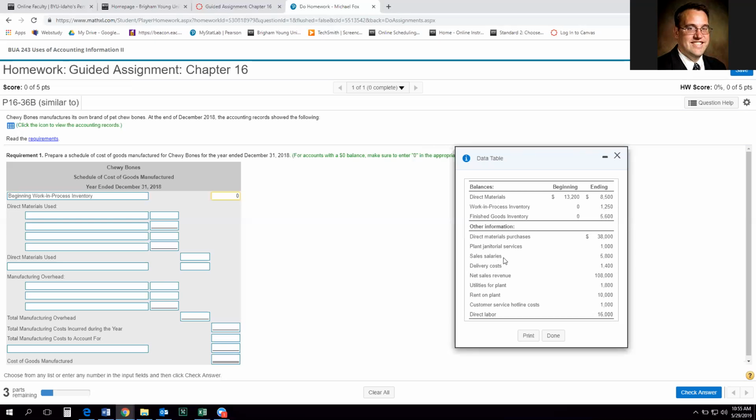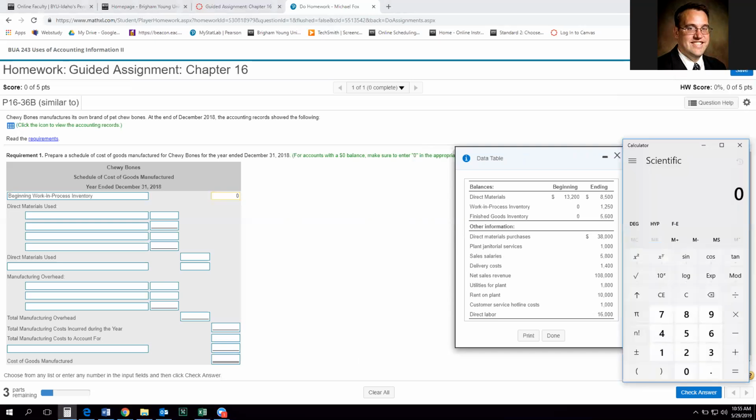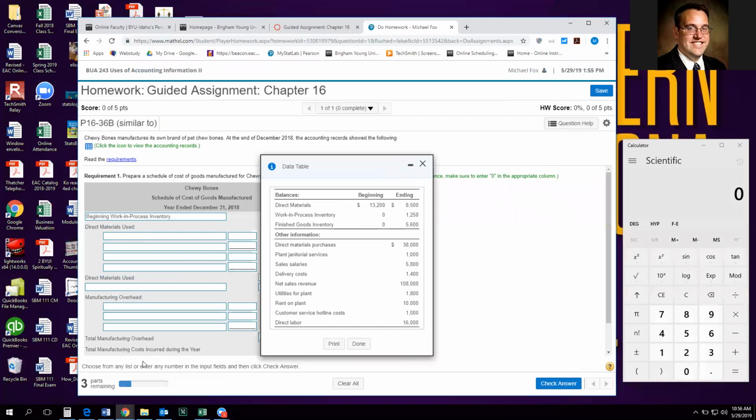That's why I'm taking the opportunity to look here. I don't see where they've given it to us, so instead we're going to have to calculate it. I'm going to adjust the size of this so the calculator will fit a little better.